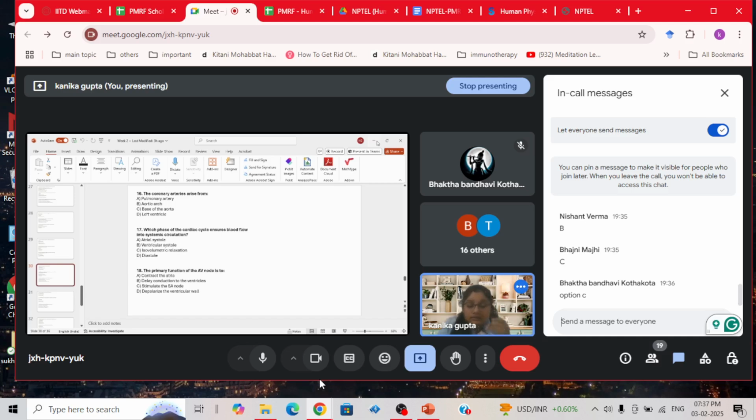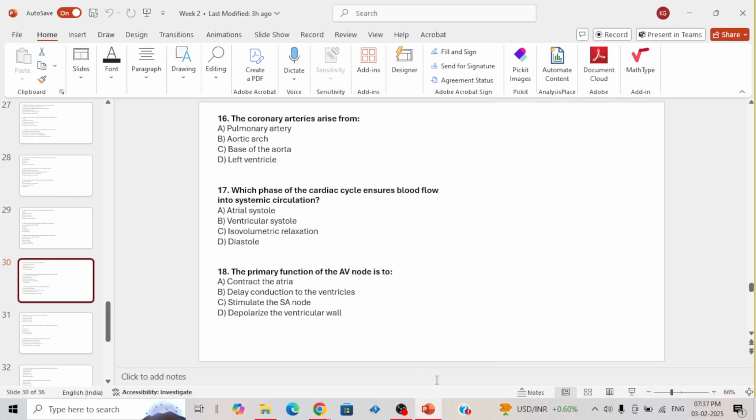When there is systole in the ventricles, the pressure in the ventricles will be high and it will eject the blood into the systemic aorta, which leads to circulation of blood in the whole body. So remember this point, it is a very important point. Next question is, the primary function of the AV node is to.